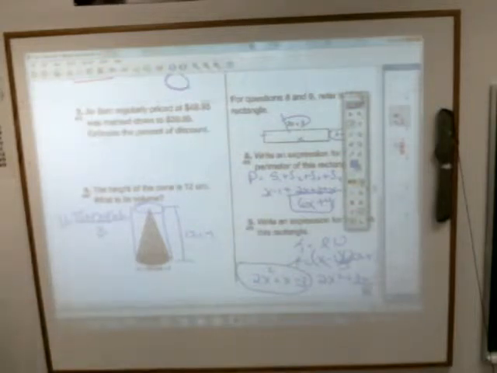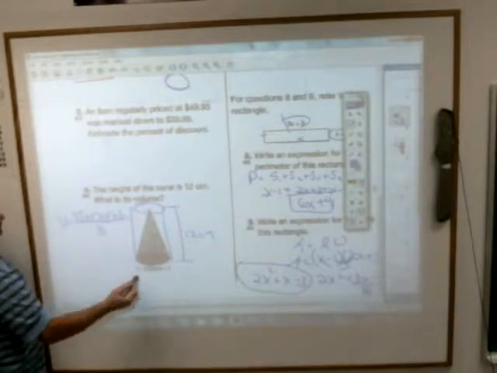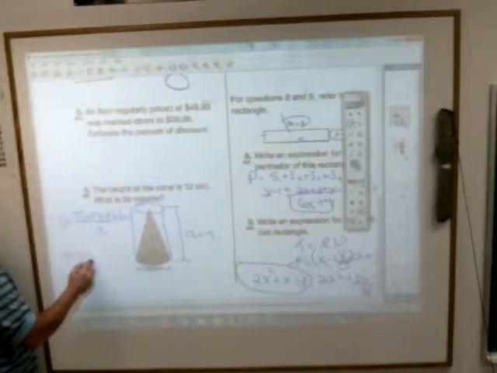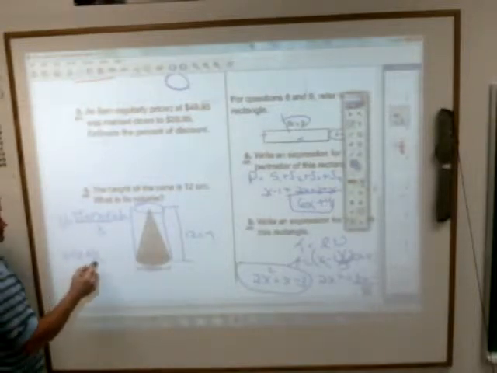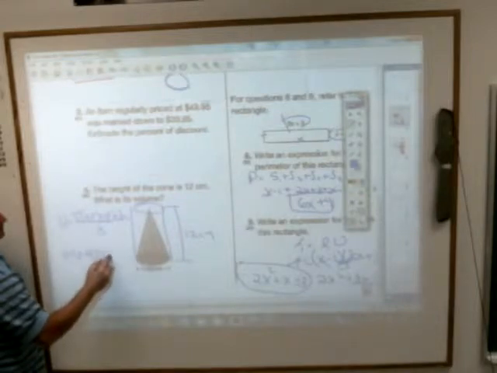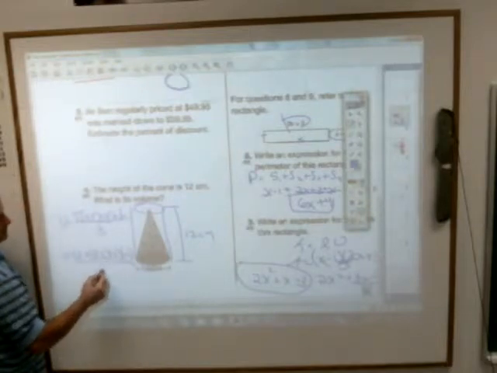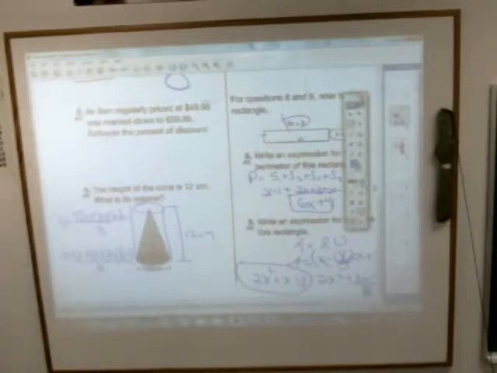And they give you all the stuff you need to know, just gotta be careful here. Volume equals 3.14 times, what's the radius, Allison? 5 times 5 times the height, which is 12, all divided by 3. Once again, the book is very nice because it gives you nice numbers to work with.